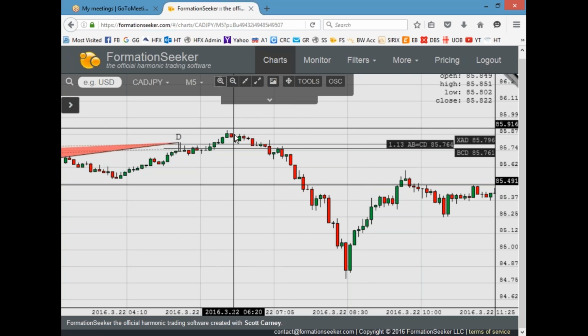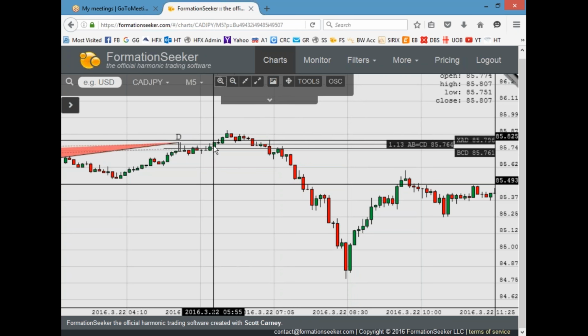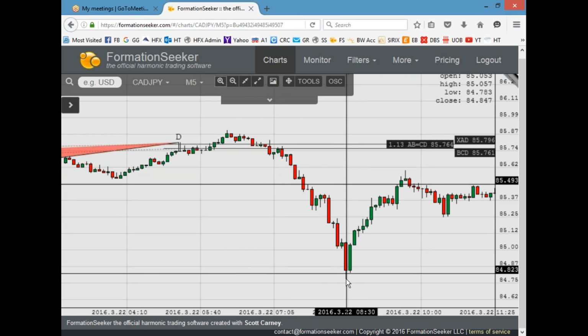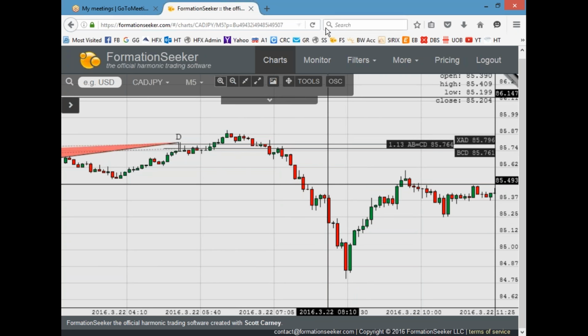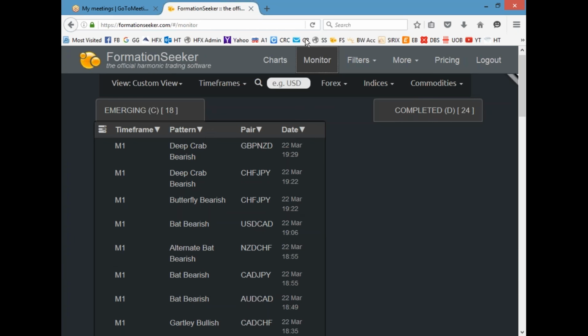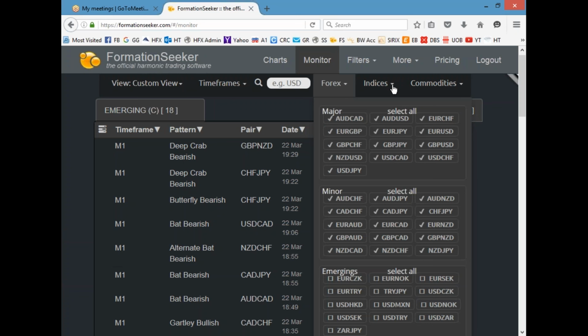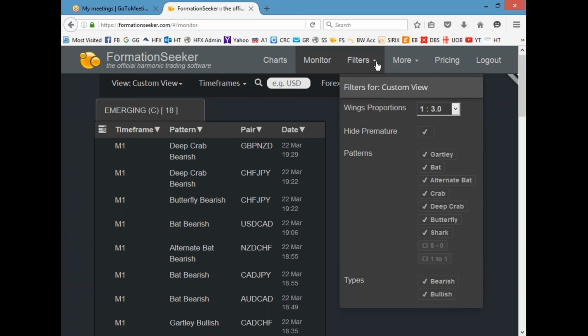So from about 85, 82, it dropped down about 100 pips, okay, on a 5-minute chart. But later on, let's go through this so that you guys can fully understand how to make a trade. Okay, so that's that.